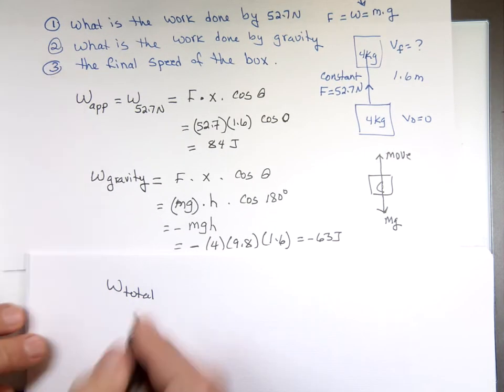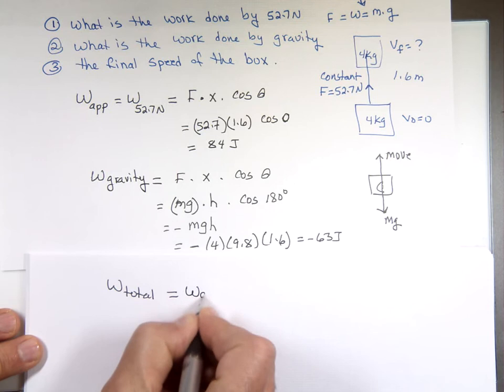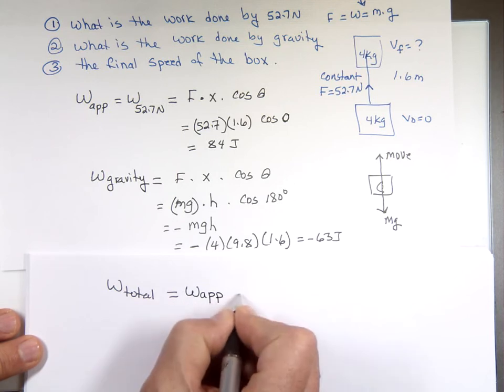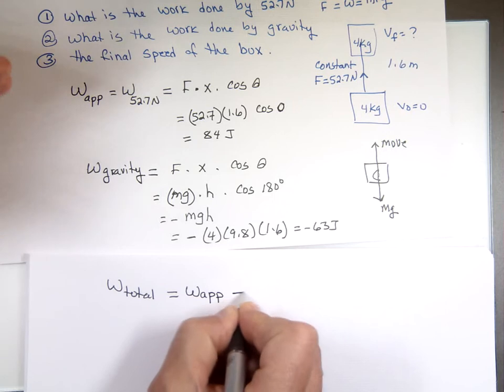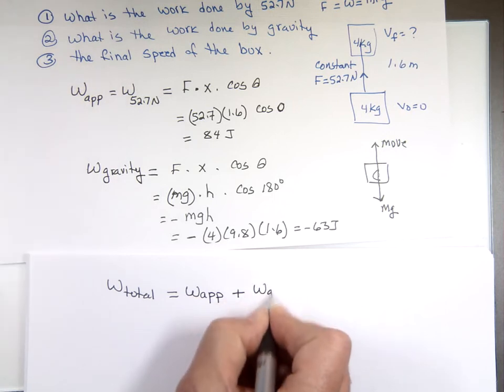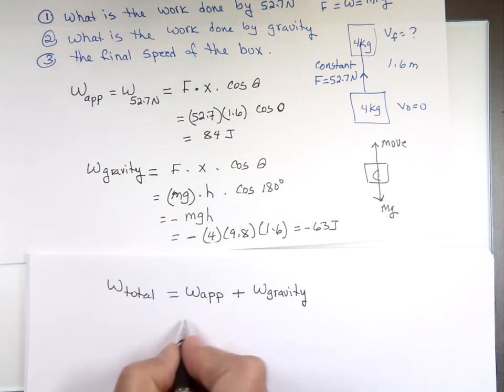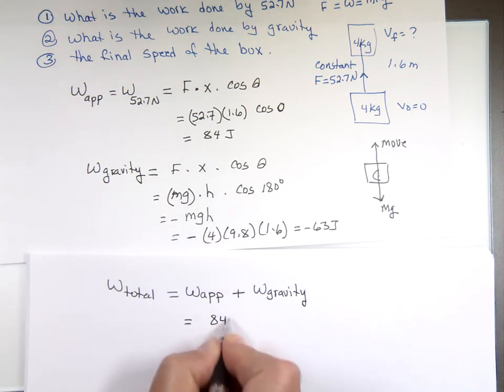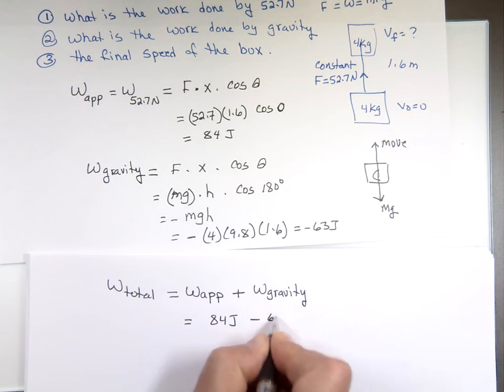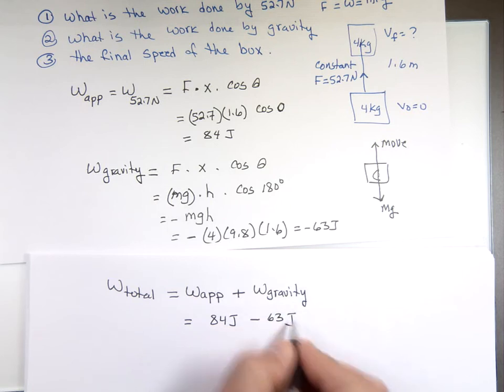So it's the applied force by us, APP, that's the force we applied. And you're going to add to it the gravity. You're going to subtract the 2 numbers, but since the gravity is negative, it's going to be the 84 joules minus the 63 joules. One is pushing upward, one is pushing down. So the net result of the work done should be the difference between them.